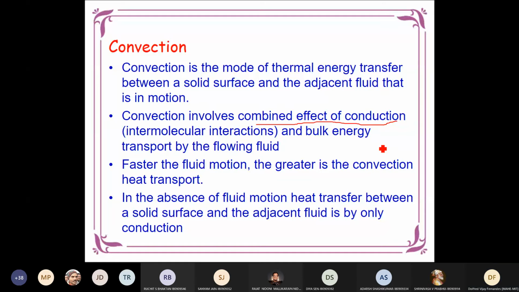That means the hot fluid will move from one location to another location. That is how the energy transfer takes place. One simple example we can give, between conduction and convection, is if you are sitting in a class, and I bought a packet of chocolates and ask you to distribute those chocolates among yourselves without moving from your seat.